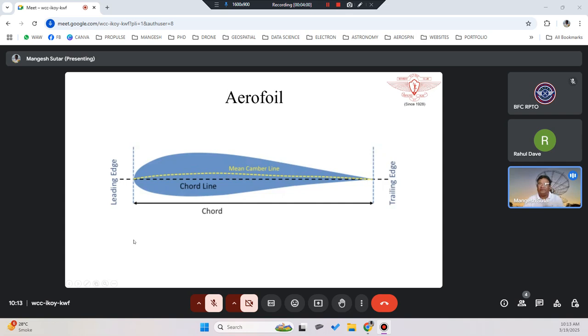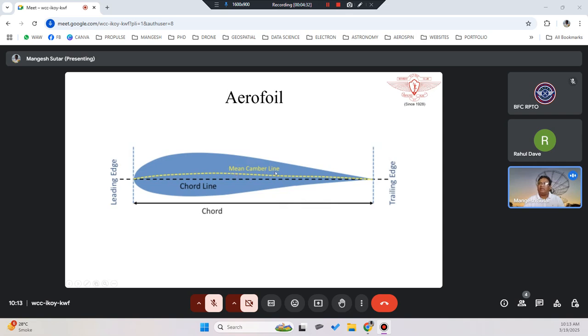As we have seen the airfoil in the principles of flight, it is the curvature structure or the cross section of the wing, which has a leading edge and a trailing edge. The straight line from the leading edge to the trailing edge is called the chord line, whereas a line from leading edge to trailing edge with equidistance from the upper surface and the lower surface, the yellow line, is called the mean camber line.